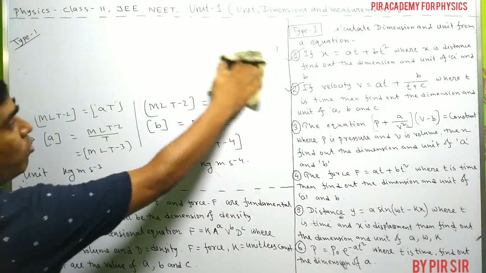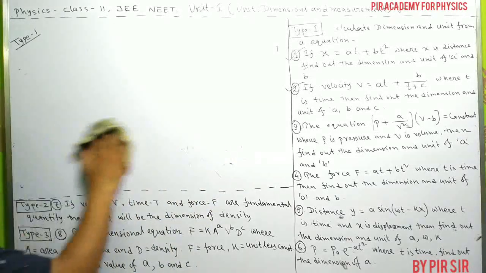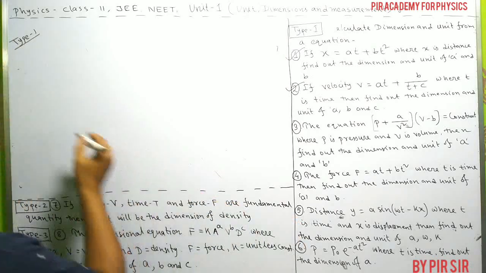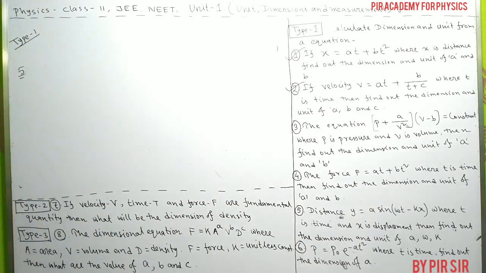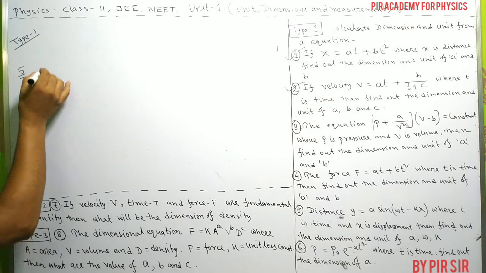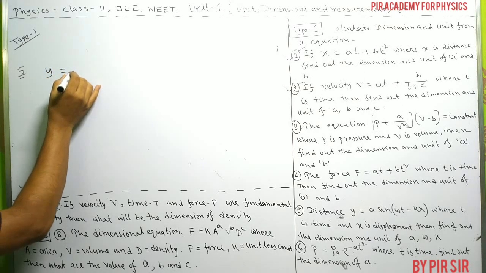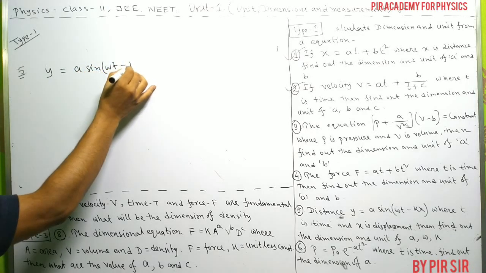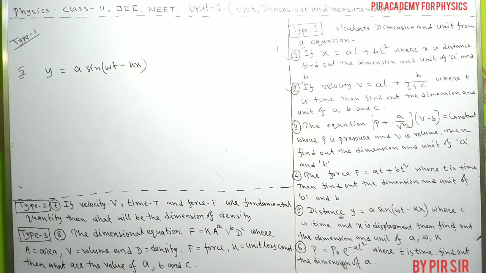Then go to the next problem, which is problem number 5. What is problem number 5? Here y is a distance, y equals a sine of omega t minus kx.